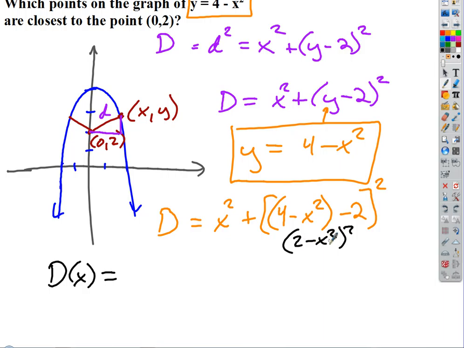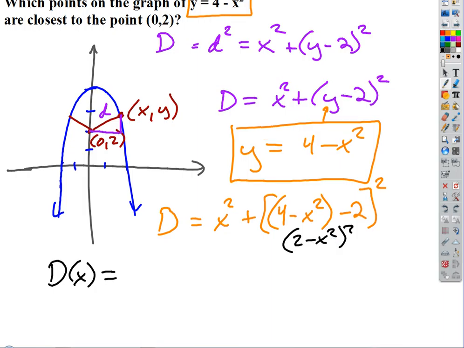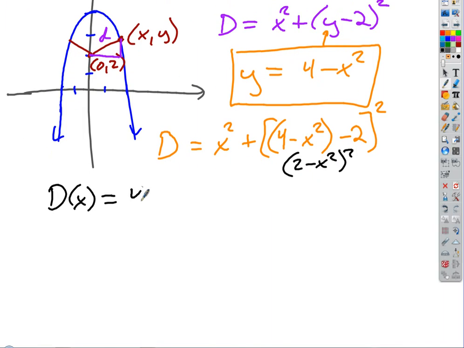So we get what? 4, good. Minus 4x squared plus another x squared. If we add it to this x squared outside, it is minus 3x squared plus x squared squared, x to the 4th. Okay, all right, so there's our function.